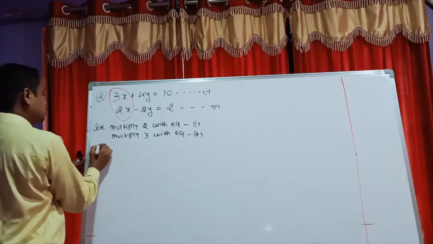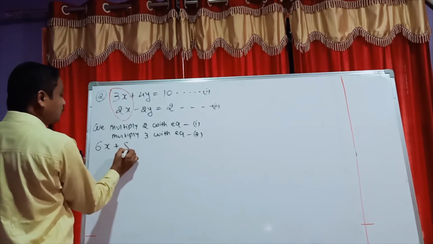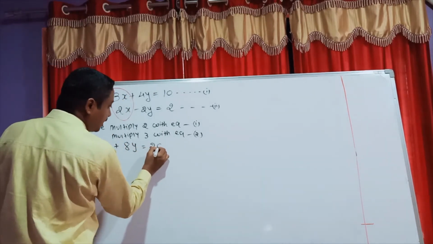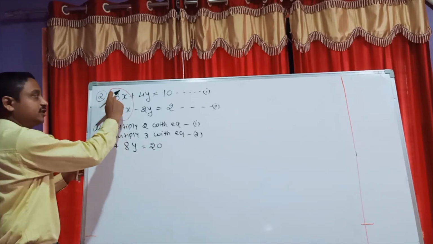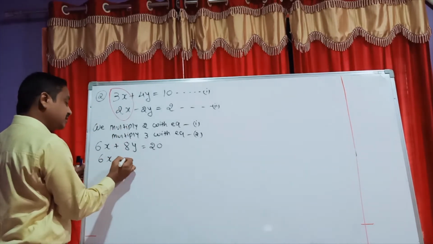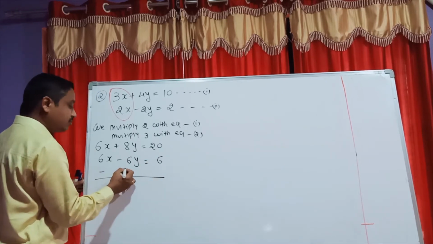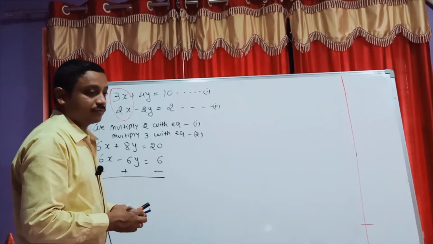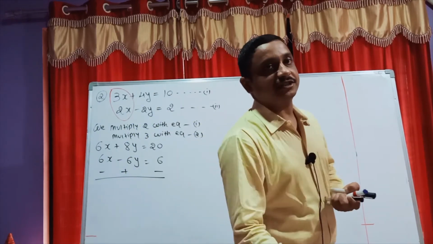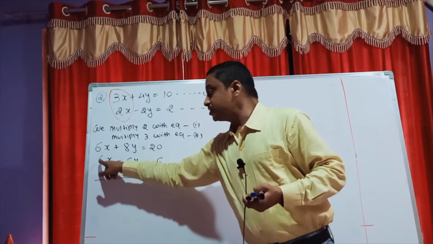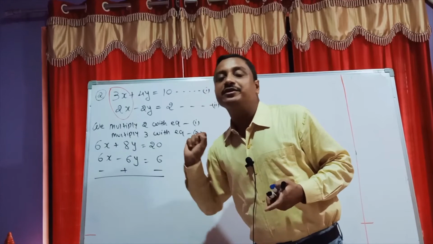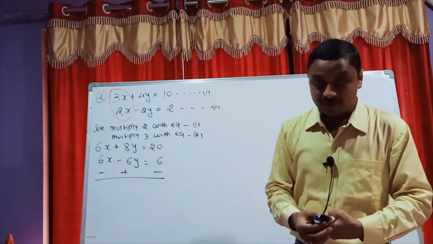So multiplying by 2, it is 6x, 4 twos are 8, and 10 twos are 20. Same here, 3 multiplied: 6x, 3 twos are 6y, and 3 twos are 6. Now students, a symbol change is necessary for the cancellation. Here a symbol change is necessary because plus 6x and plus 6x never cancel.